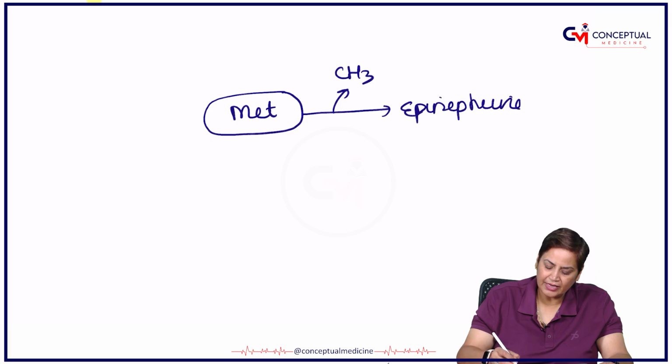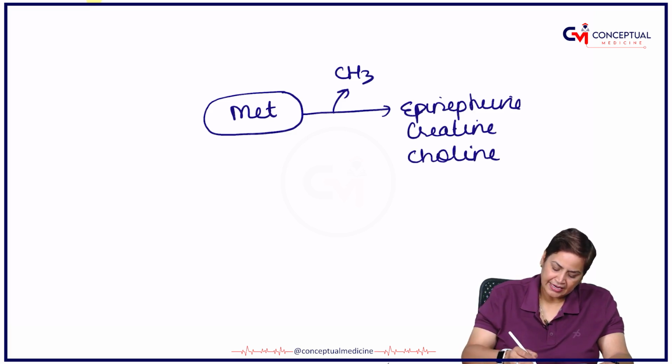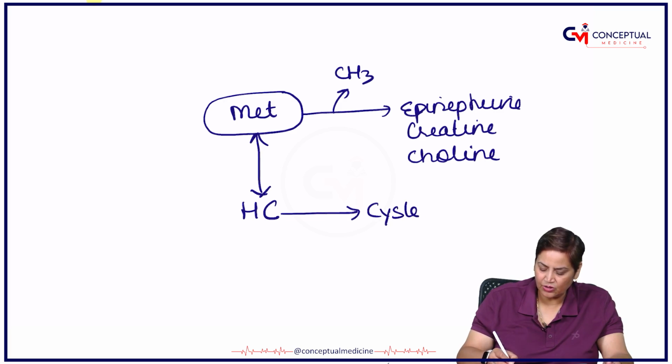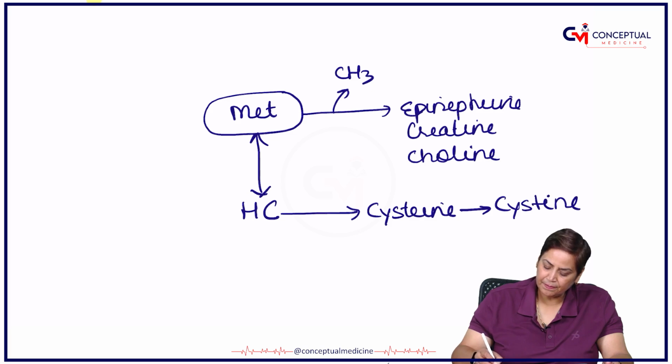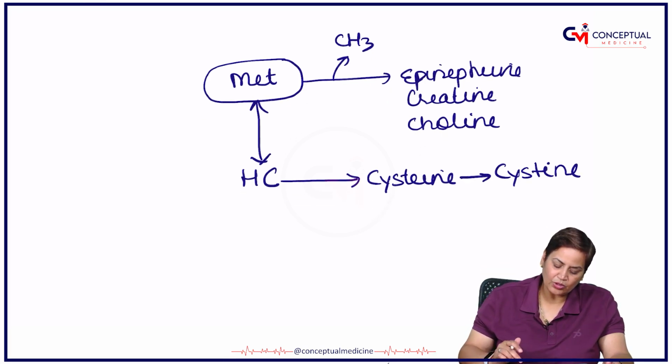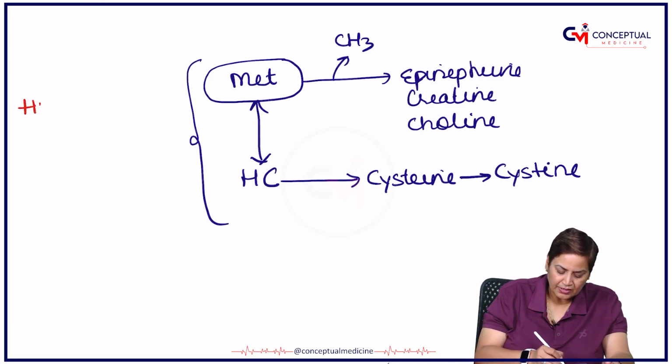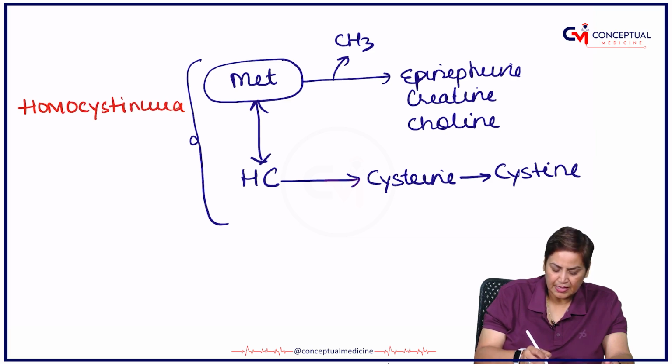The most important one is creatine, very, very important, okay, and choline, and it is easily converted to homocysteine and converted back. And this homocysteine is converted into cysteine, which is converted into cystine. And if we talk about the inborn errors of metabolism, the most important ones are homocystinuria and cystinuria.